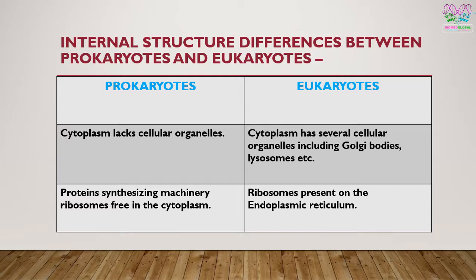In a eukaryotic cell, the cytoplasm has several cellular organelles, including Golgi bodies, lysosome, mitochondria, nucleus, and so on. And in a prokaryotic cell, the protein synthesizing machinery, ribosomes, are freely present in the cytoplasm. And in a eukaryotic cell, ribosomes are present on a specific structure, which is known as endoplasmic reticulum.